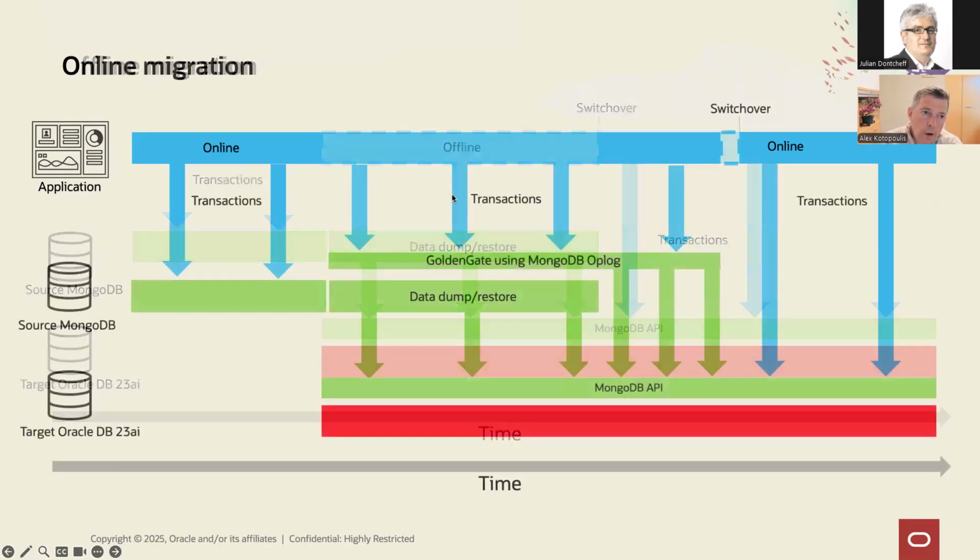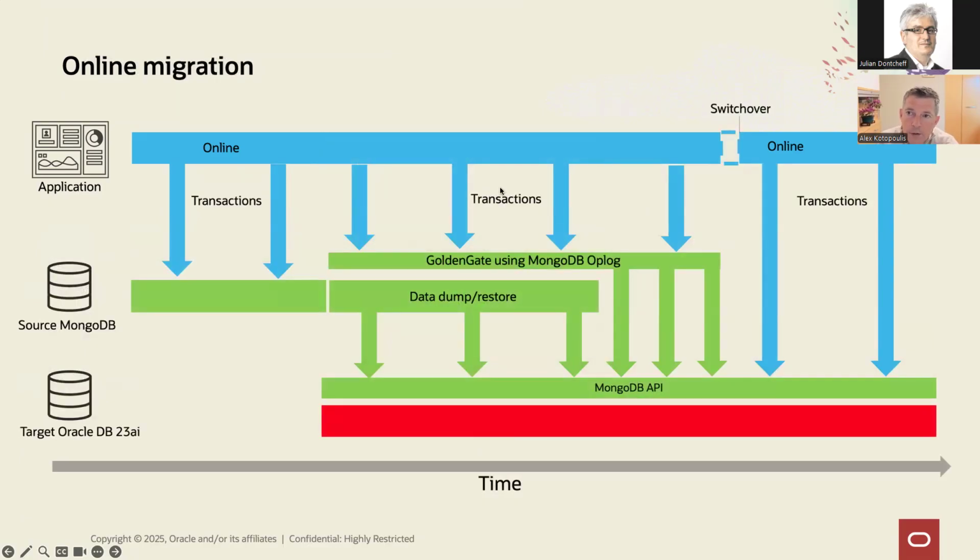So when we go into online migration, you see the big advantage of this big blue line here, where the switchover is minimal, as opposed to the entire time when there is a data dump and restore. The way it works is once you do a data dump and restore, the moment that this starts, the transaction ID that is last to be part of this dump and restore will be used by GoldenGate to basically cache and keep everything that comes after this particular transaction.